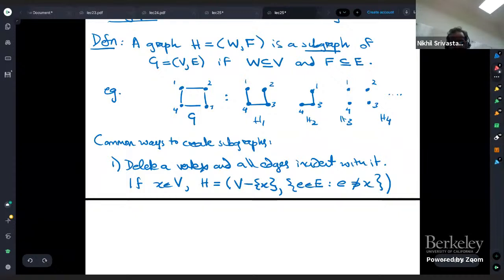Sorry, this is a mistake. I shouldn't have renumbered this. This is 2, right? In H2, I deleted the vertex 1 and all of its incident edges. So an example of this would be H2. Okay, so that's one way. Another way is to delete an edge.